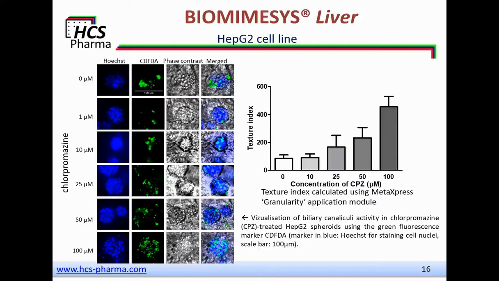And you can see with the increased concentration of chlorpromazine that you have a destabilization in the structure of the canaliculi. And this could even be quantified using the MetaXpress granularity application module. So you can see the graph on the right that is quantifying the procholestatic effect of chlorpromazine.